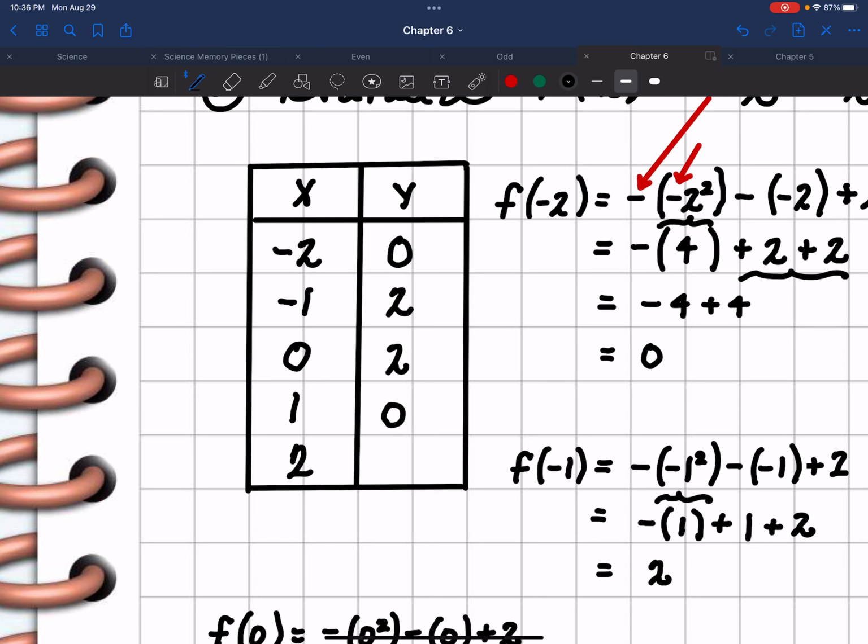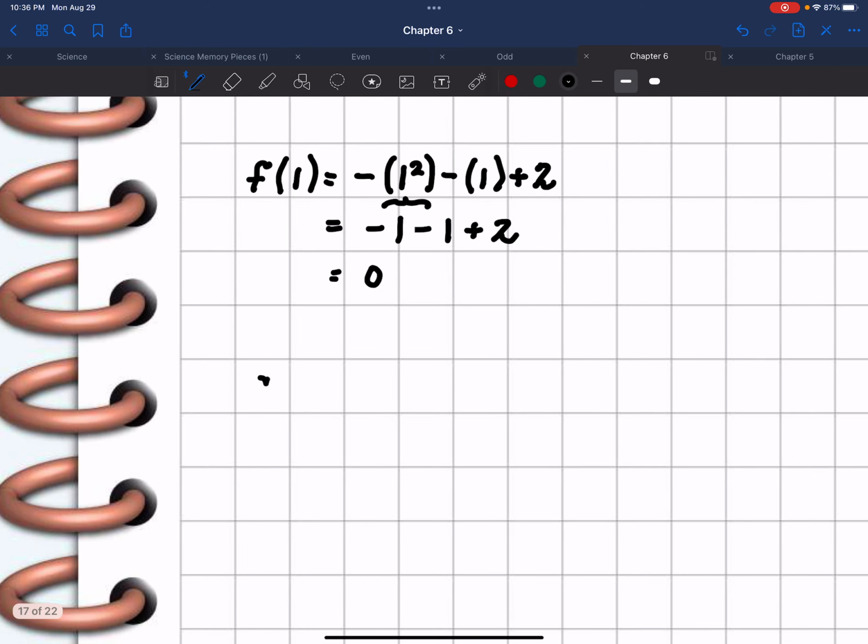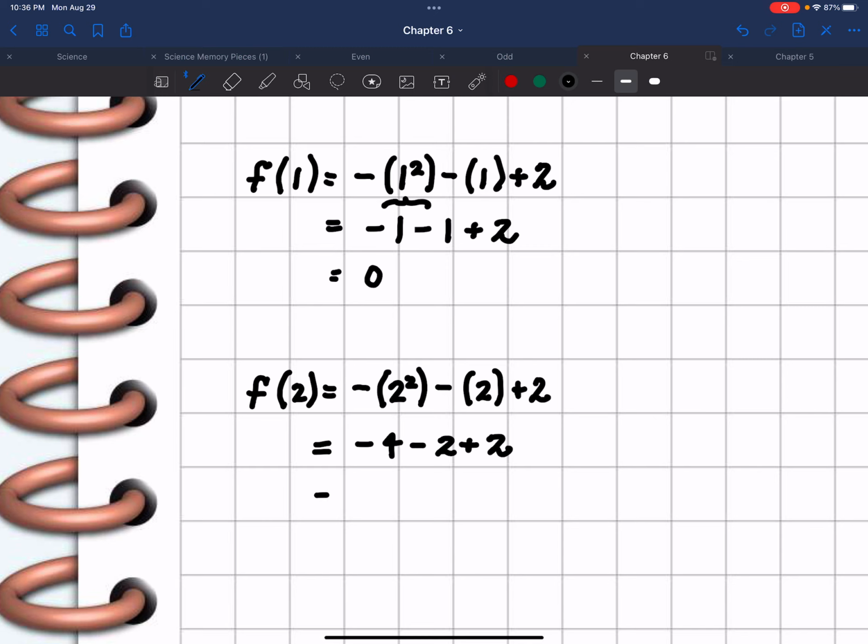So this graph is going to be very interesting. And then f of 2 is negative 2 squared minus 2 plus 2. So we have negative 4 minus 2 plus 2 is negative 4.